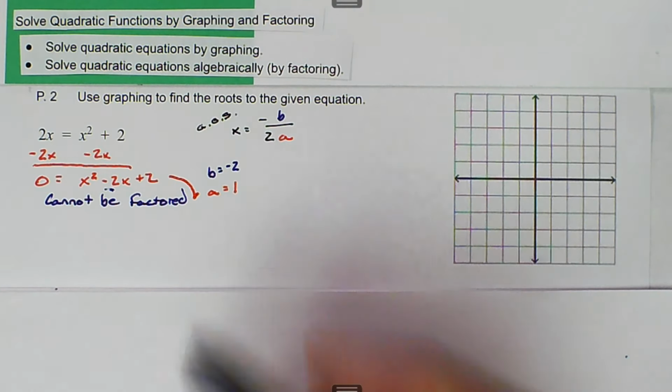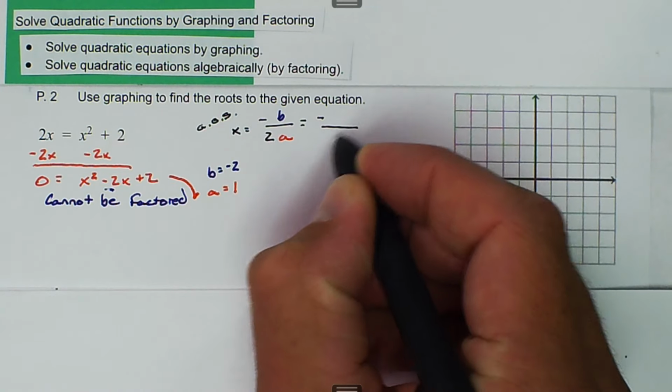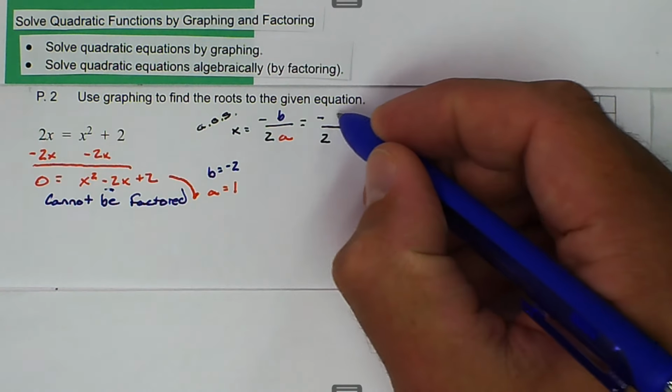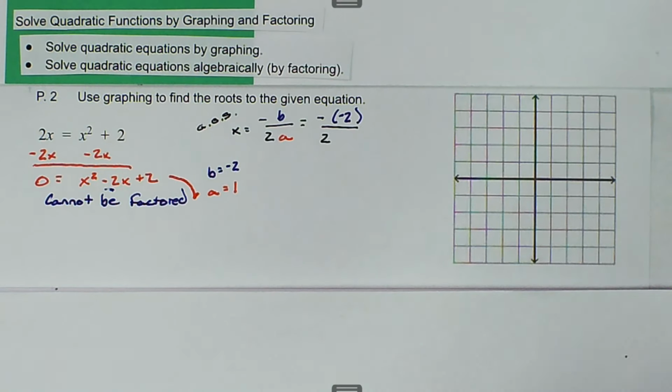So then we can rewrite this equation. The negative stays, the divide sign stays, and the 2 stays. Those are never going to change. And our b value is negative 2, and our a value is 1.